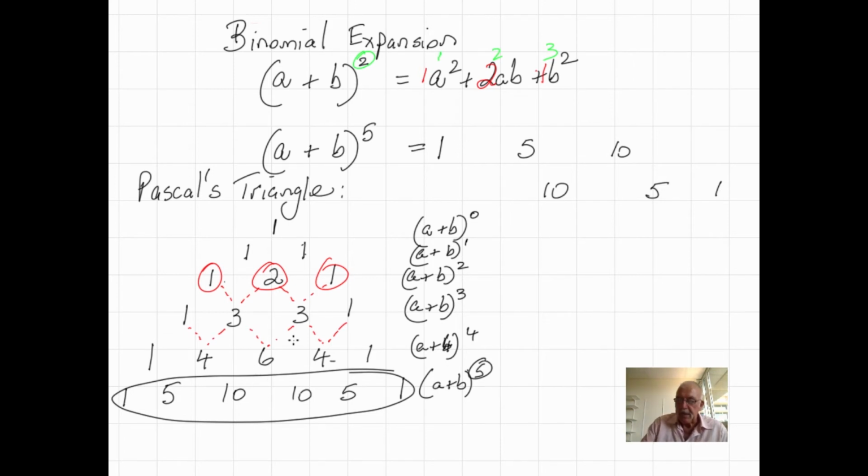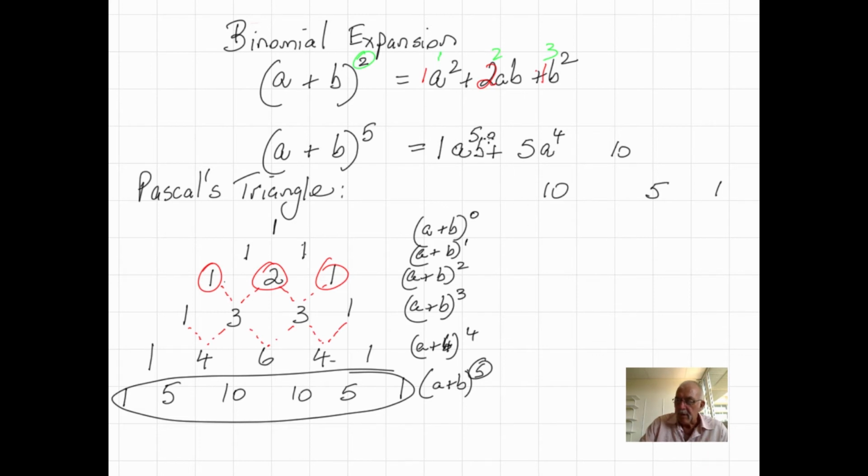Now, how do we start? We always start with a to the power of 5, so it'll be 1a to the 5th plus 5. Now the powers of a go down by 1, so it'll be a to the 4, and this, if you like, is like b to the power of 0.